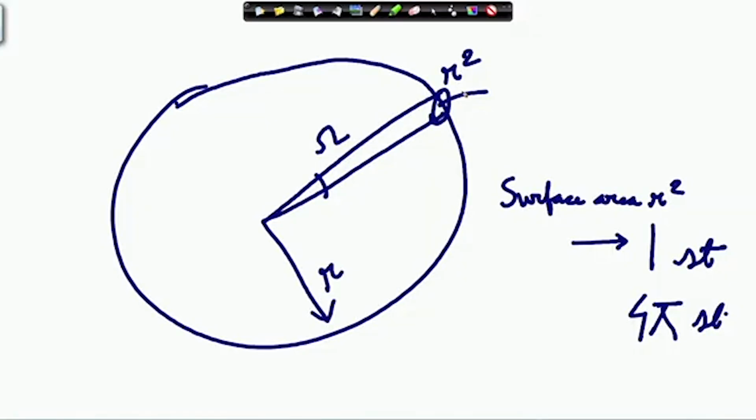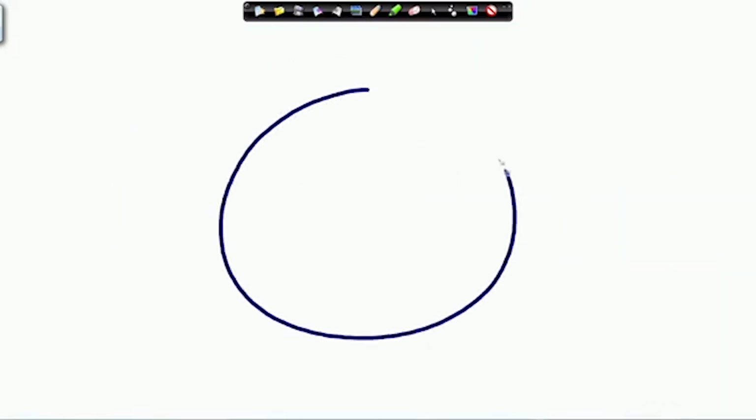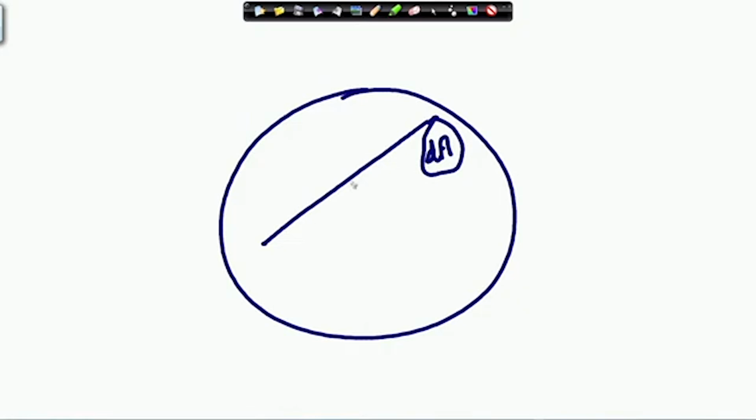Also, suppose now I have a spherical surface, on that I have an elemental area dA. So, this is, let us call the center.